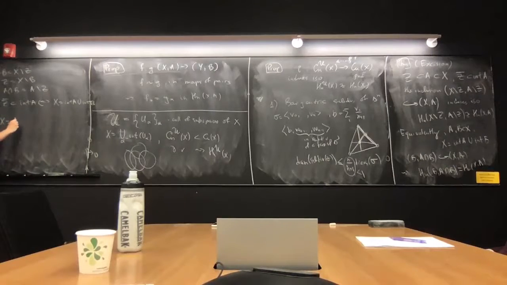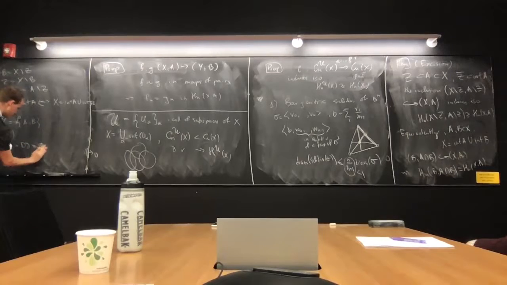So let's prove the version with A and B. Our cover is going to be just A and B. And we have the chain groups C_n^U, which are sums of chains in A and chains in B. So it's more or less just a direct sum of C_n of A and C_n of B, but with some identifications, inclusions into X. Because we know that that theorem can be proved, there exists a homotopy operator D such that this is identity minus I composed with rho.